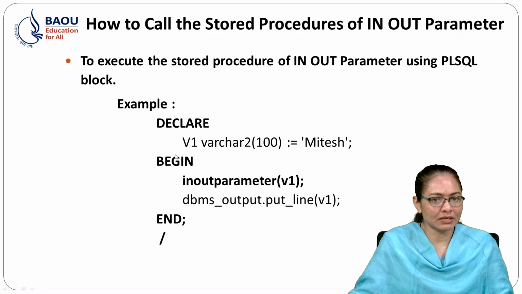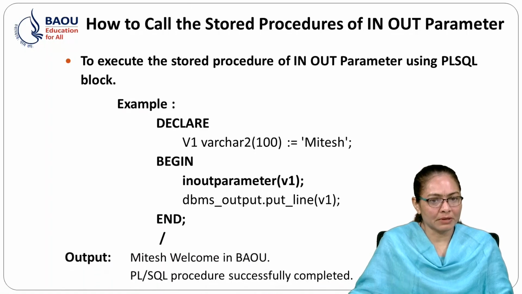Mitesh is stored in v1. In the begin section, in_out procedure name, and pass v1, which is used to give the value to the procedure and receive the value from the procedure. See, in the output, Mitesh welcome in BAU.